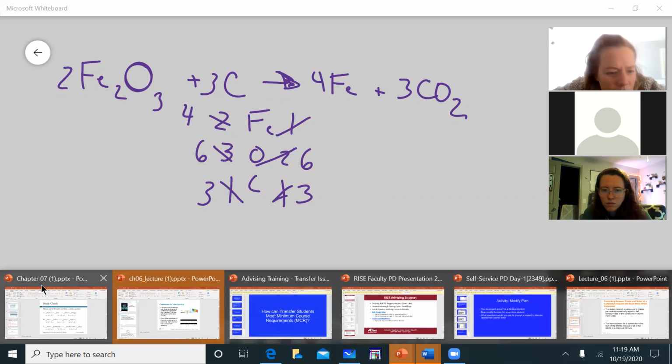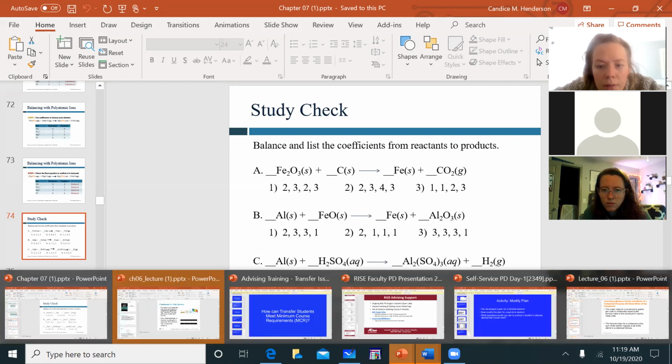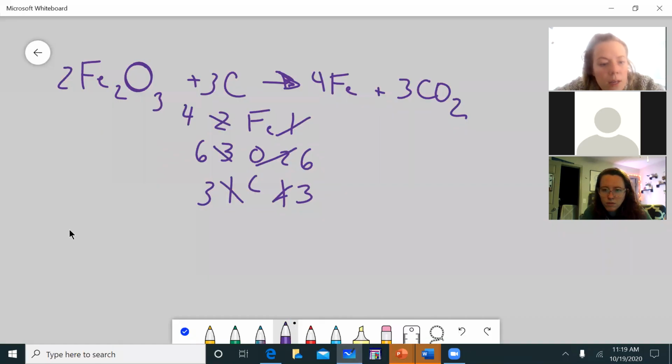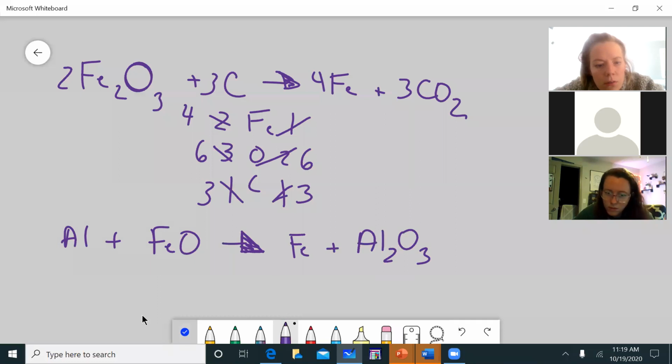Pull up another one. Aluminum with iron oxide. So we've got aluminum combining with an iron oxide to produce iron and aluminum oxide.